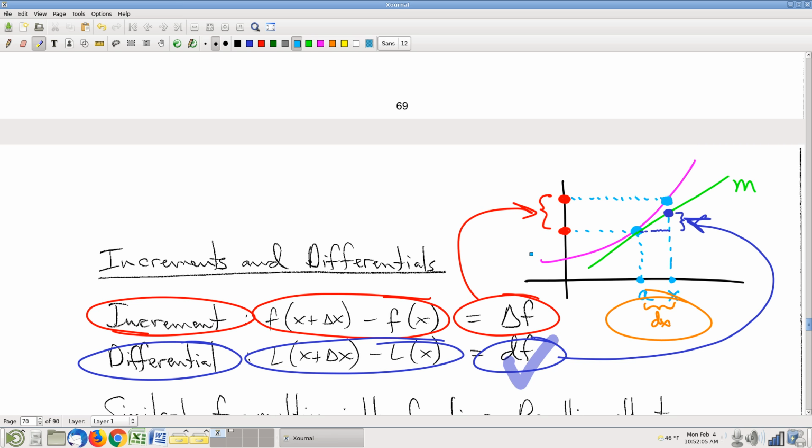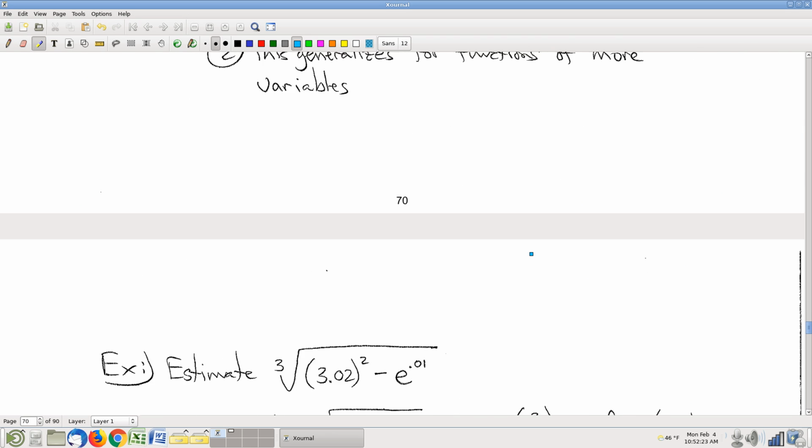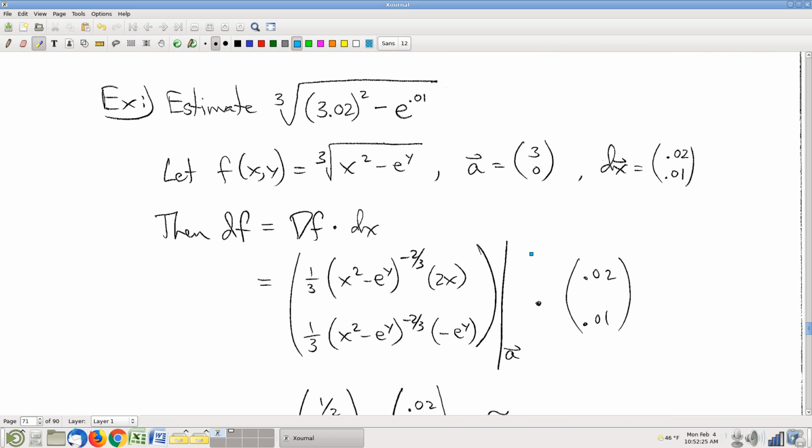We estimate by picking a nearby base point where the calculation is easy, and then we do our linear approximation and compute our differential. The original easy to compute value plus our not so bad to compute differential gives us our approximation of the actual value we're looking at. So this is just going to be a multivariable version of that. Same basic idea.